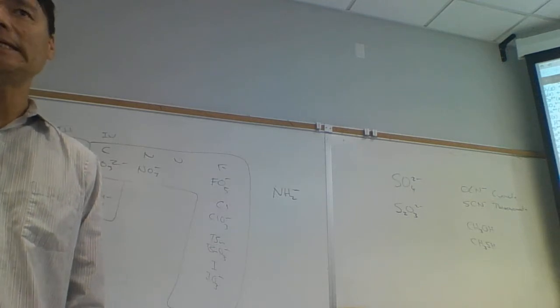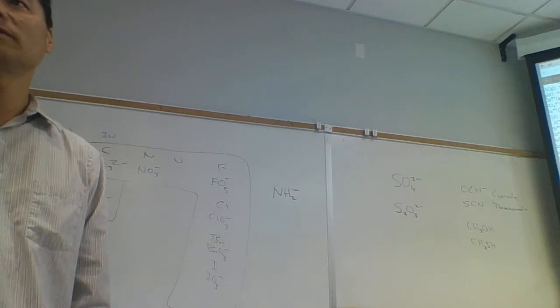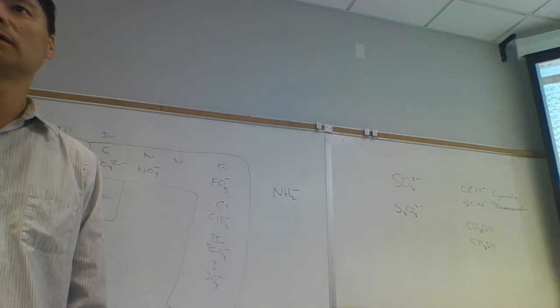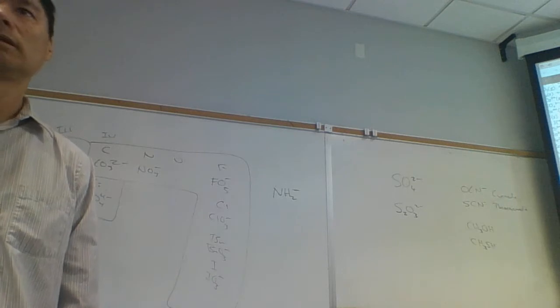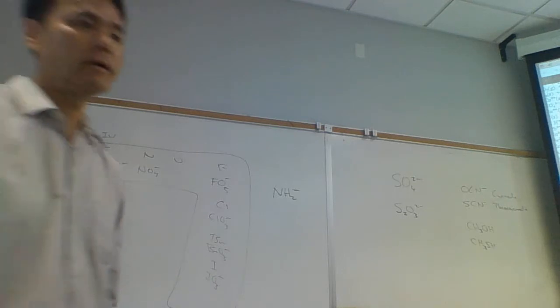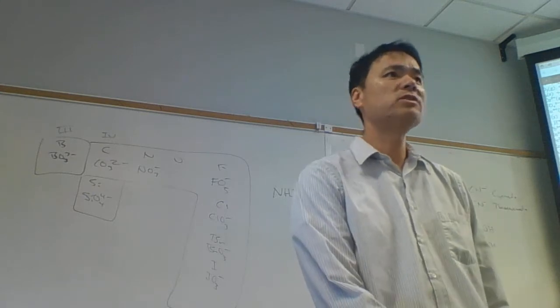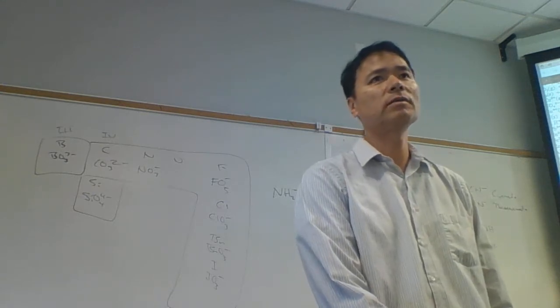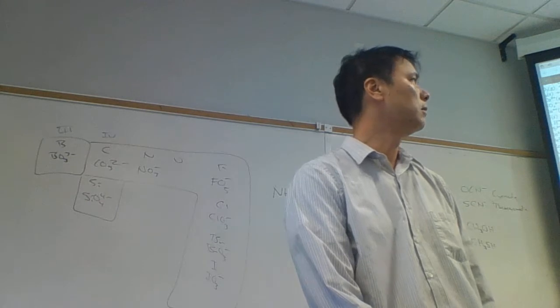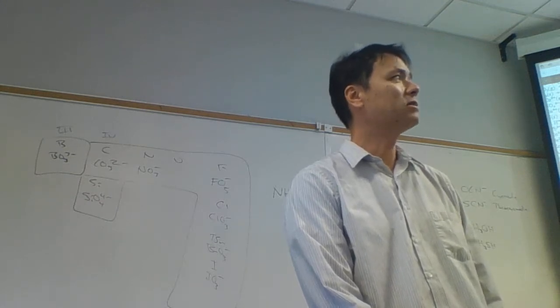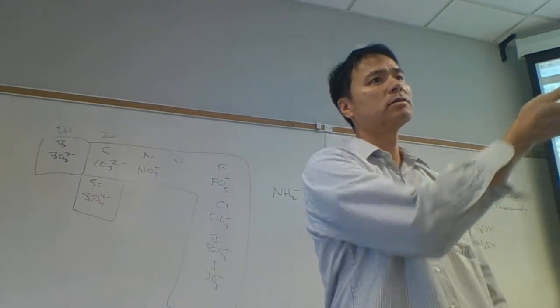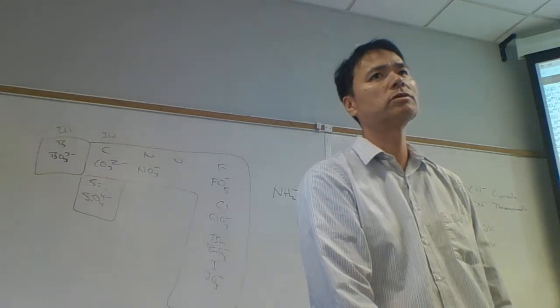If you see "ide", 90% of them are monatomic, one atom. All the monatomic ones you don't have to memorize because you can get them right off the periodic table. So if it's sulfide, it's sulfur. How many electrons does sulfur want? 2. The charge is S2 minus.